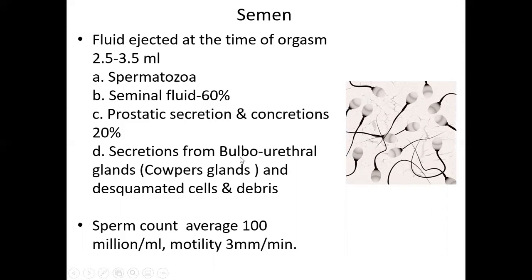The secretion from the bulbourethral gland or Cowper's gland, the desquamated cells, and also the breast are also contained inside the semen. The average sperm count is about 100 million per ml, and the motility is 3 millimeter per minute.